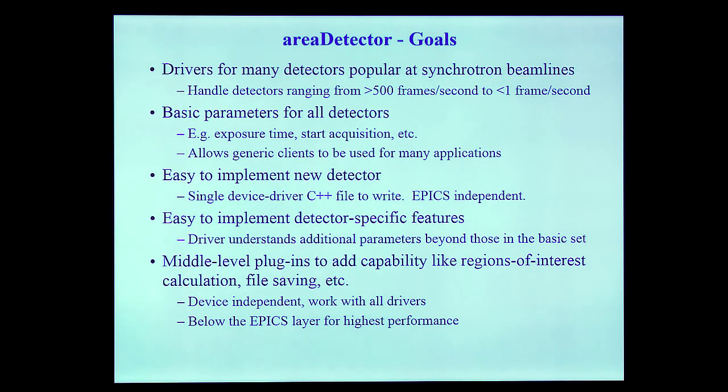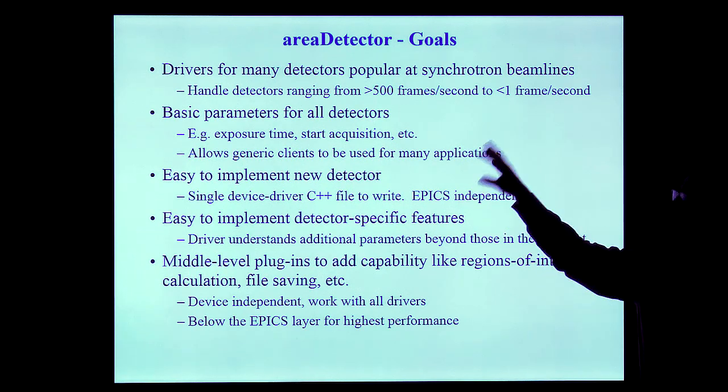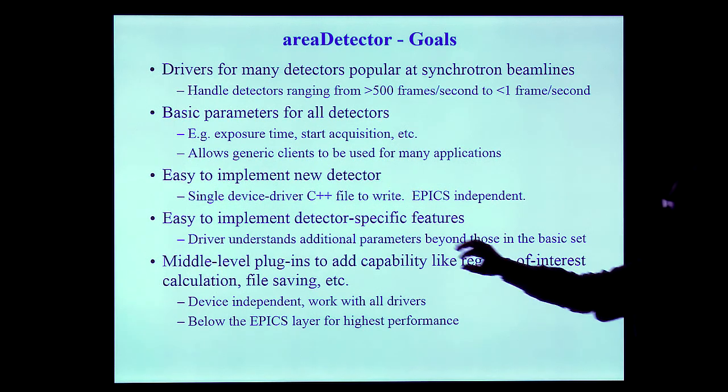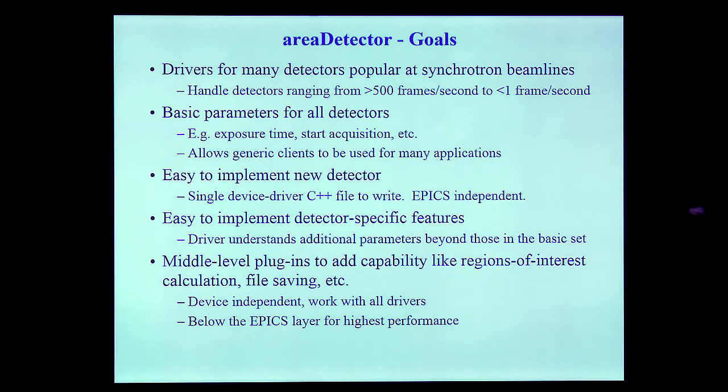Because that's a common set of EPICS process variables, you can develop generic clients that can be used with any detector. But we also wanted to make it easy to implement a new detector.